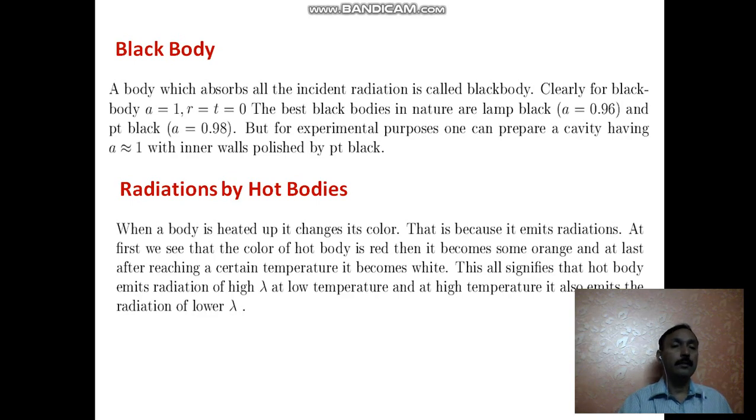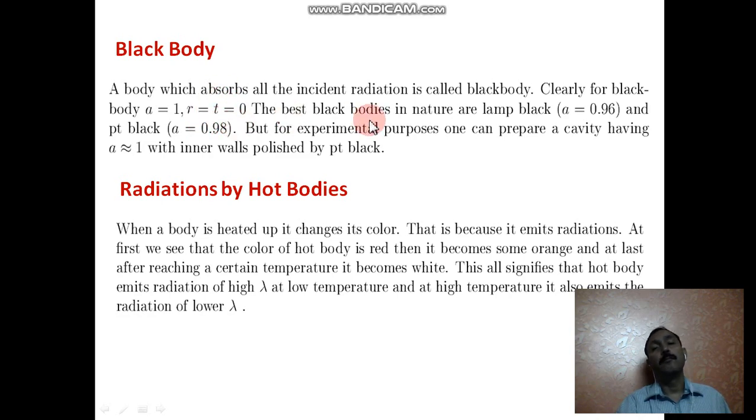Black body. What is a black body? A black body absorbs all the incident radiation. Clearly, for a black body, the absorptive power is equal to 1 and the reflective and transmittive powers are equal to 0.